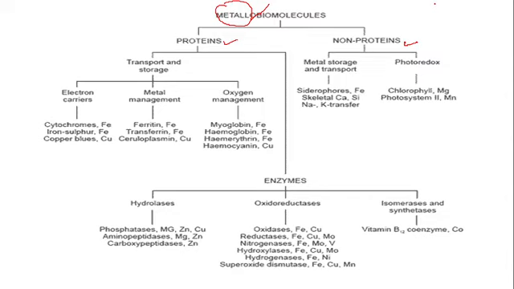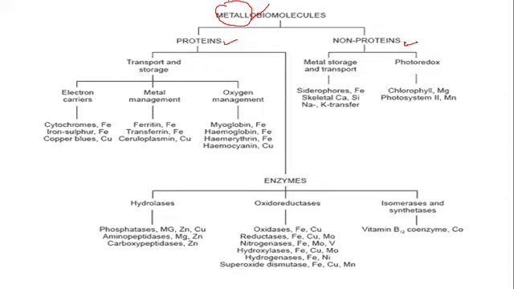This chart is very important for the NET SET examination, and also for your MCQs, because this chart explains the functions of the different biomolecules and which metals are present in them. That's why, from that point of view, this chart is very important.